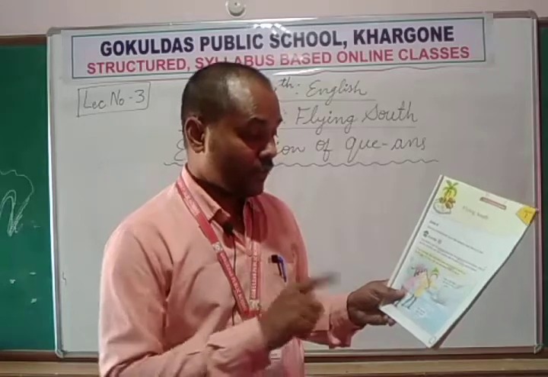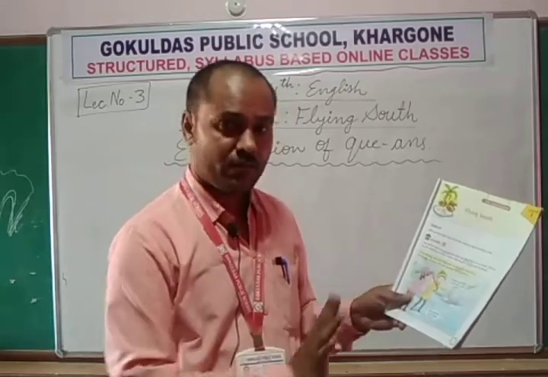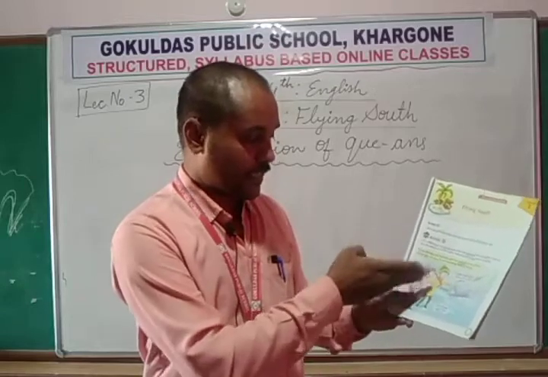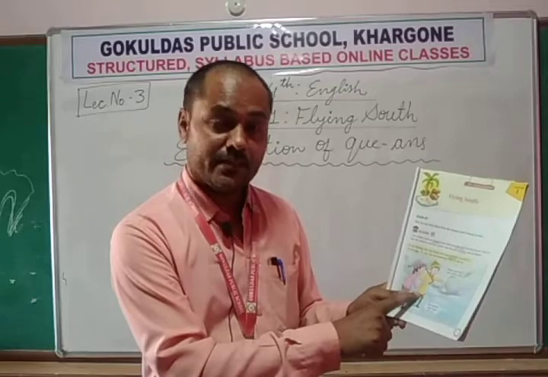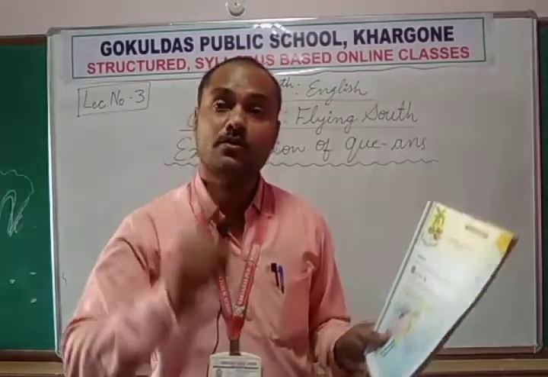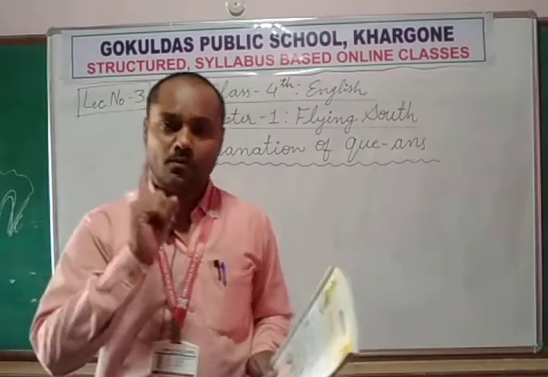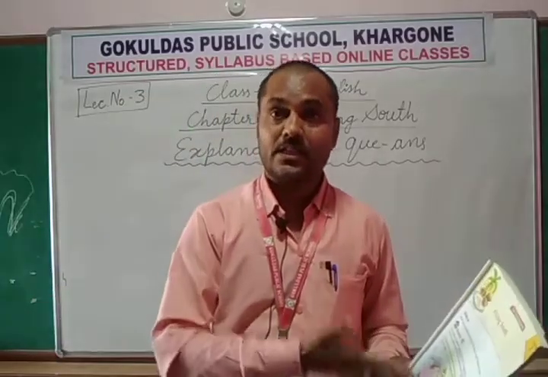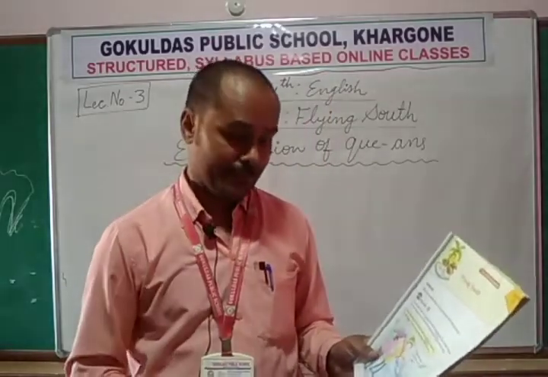One question, what did Jim see? That we have covered in the previous question. Now, who did see the injured goose first? The answer is Jim saw the injured goose first.